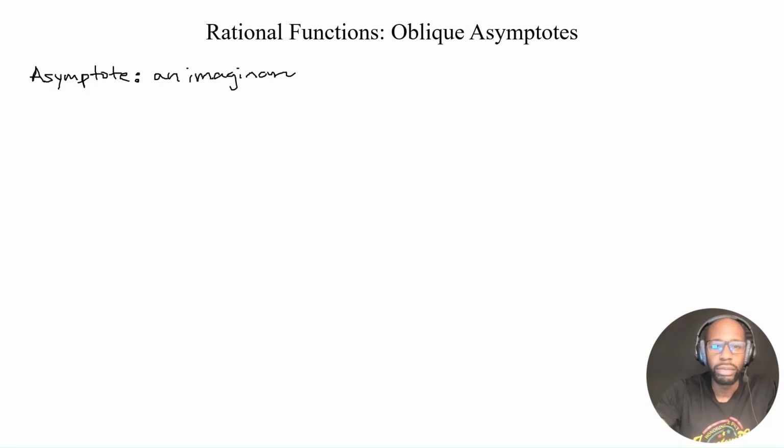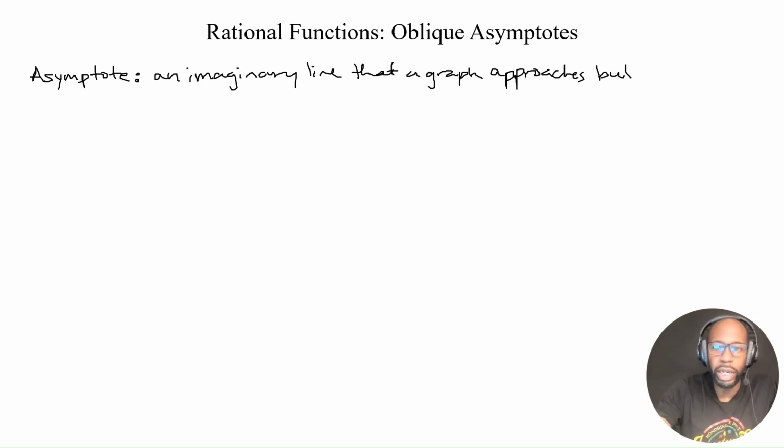All right, so check it out. First of all, it's important to do a recap on what asymptotes are. All an asymptote is an imaginary line that a graph approaches but never touches.